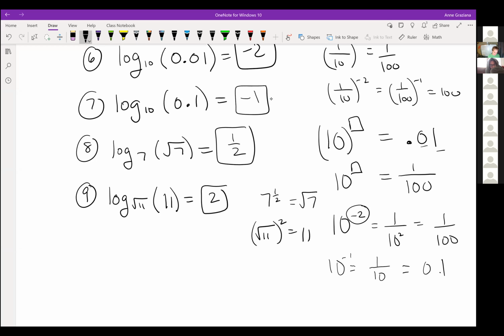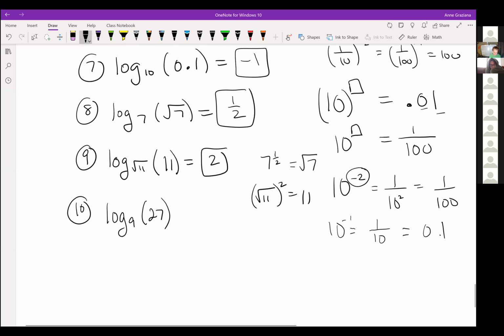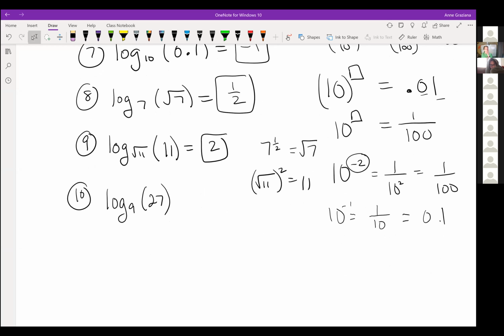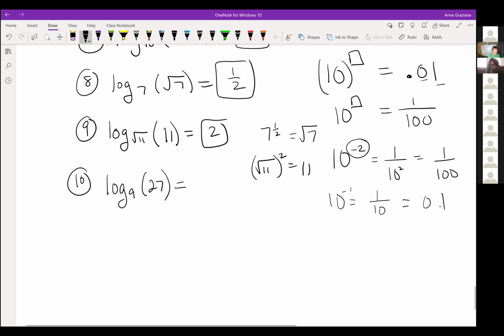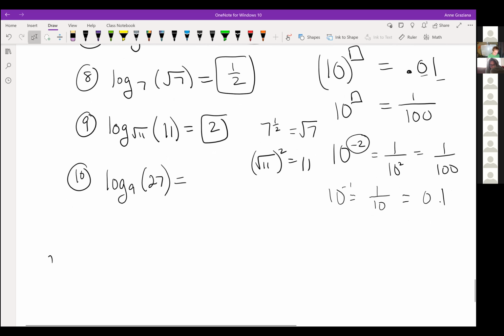All right, last one. It's the most challenging one. Log base 9 of 27. Now, if I look at 9, 9 to the power of 1 is 9, and 9 squared is 81.